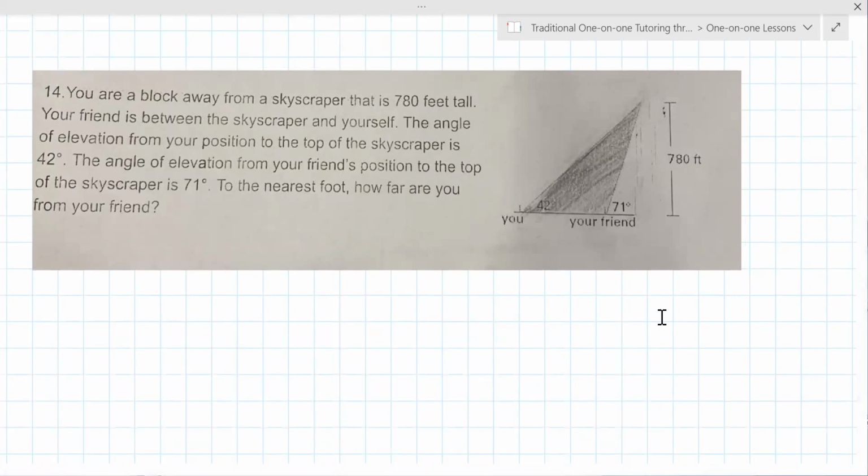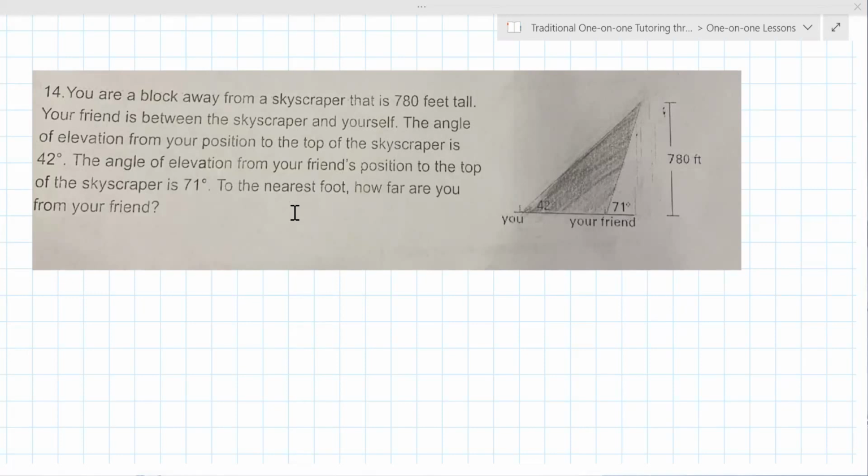Your friend is between the skyscraper and yourself. The angle of elevation from your position to the top of the skyscraper is 71 degrees. Okay, so how far are you from your friend?